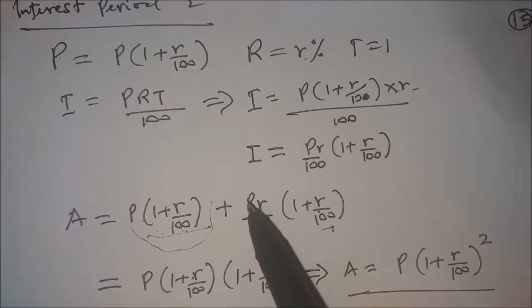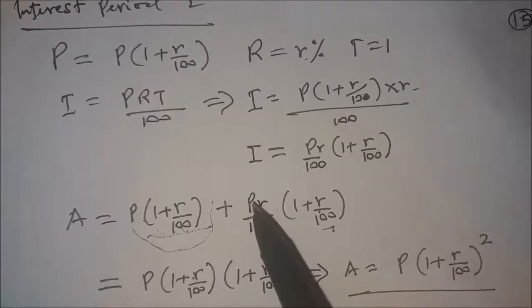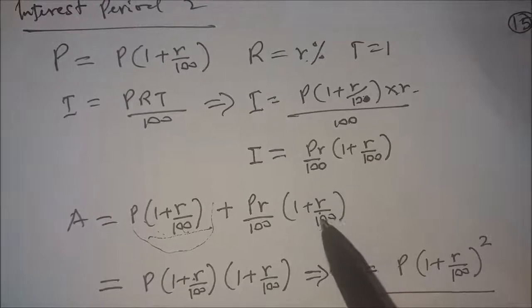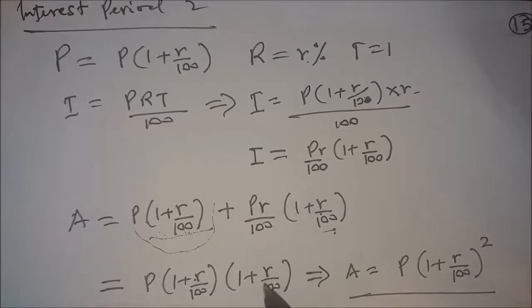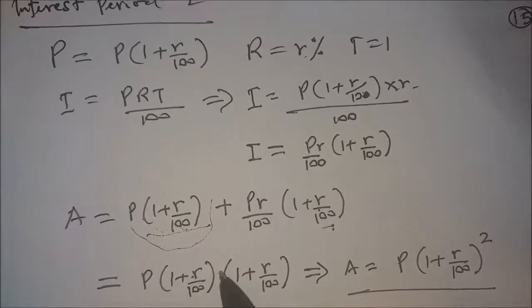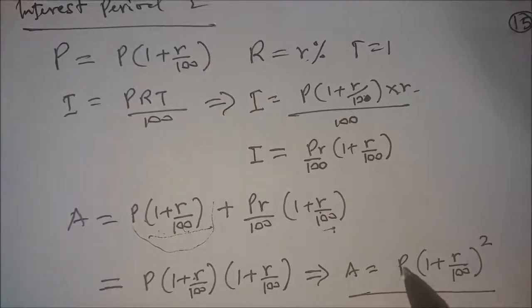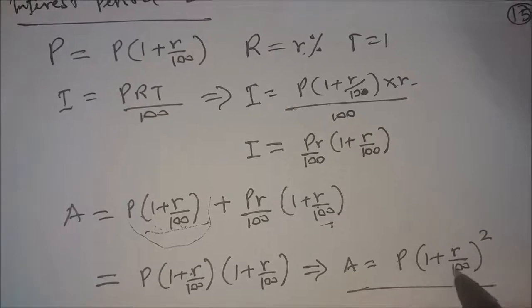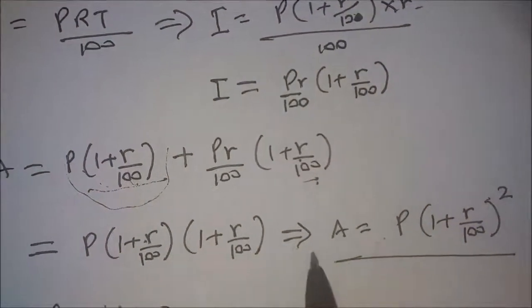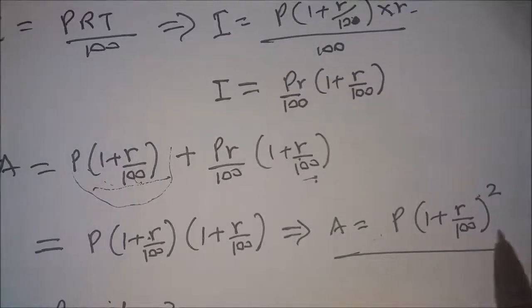And we take P into 1 plus R over 100 outside, we shall remain with R over 100 in the bracket. So 1 plus R over 100 times 1 plus R over 100 becomes 1 plus R over 100 squared. So this is the simplified expression for the amount at the end of period 2.